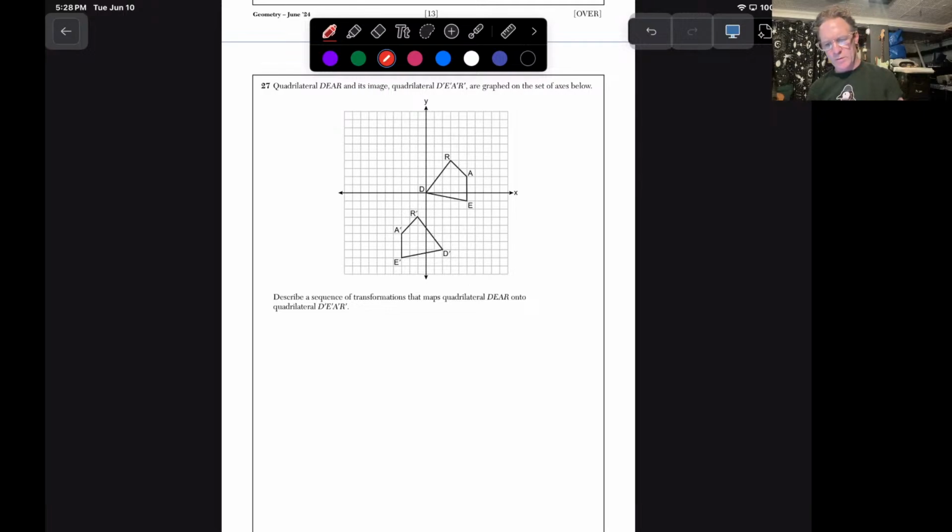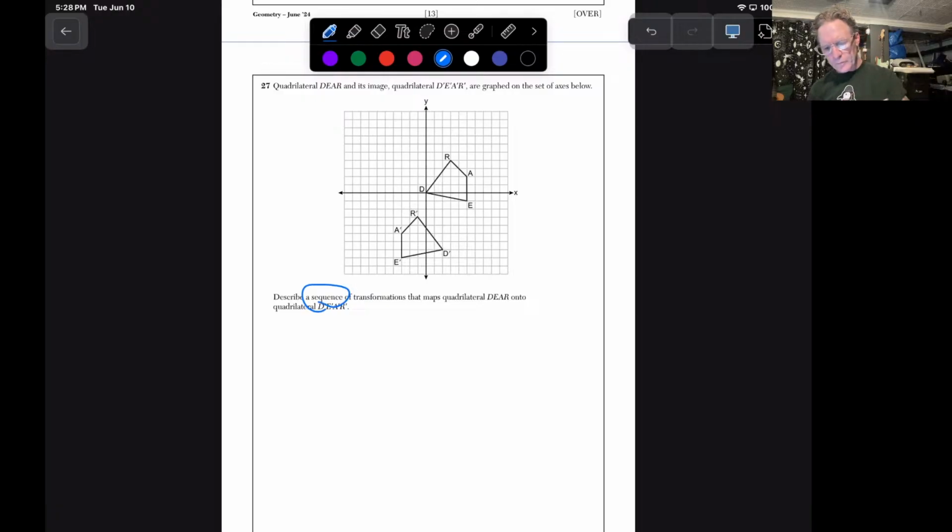Usually these are multiple choice questions, and the trick word here is sequence. That came up on our final exam, and a lot of students got it wrong because they guessed a rotation, but a sequence has to be more than one transformation. If you see the word sequence, it generally means more than one.